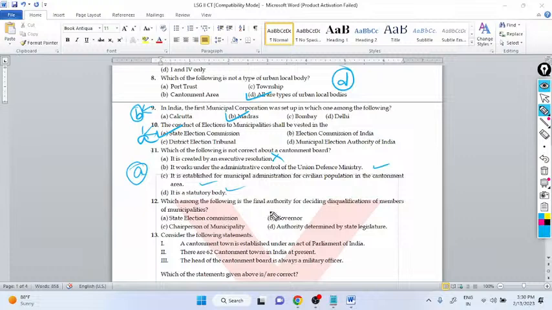Which one of the following is the final authority to decide disqualification of members of the Municipal State Election Commission?